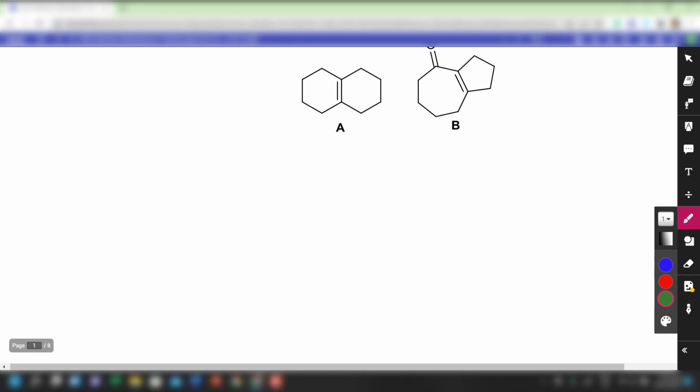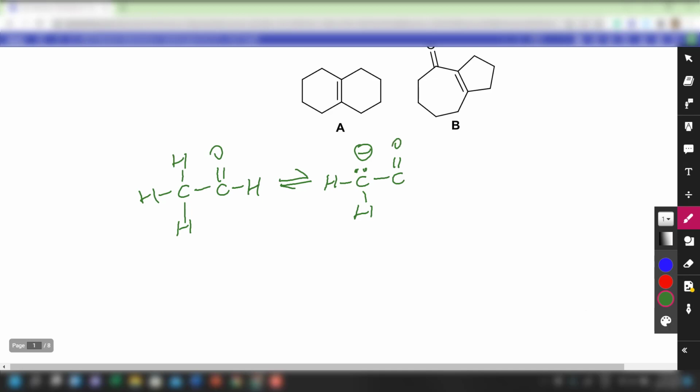Okay, so we know that ethanol has this particular structure, and you have a C=O double bond and an H here. And if the H is being lost, we can write out this particular equilibrium, with a lone pair here and a minus charge, and a C=C double bond, OH.